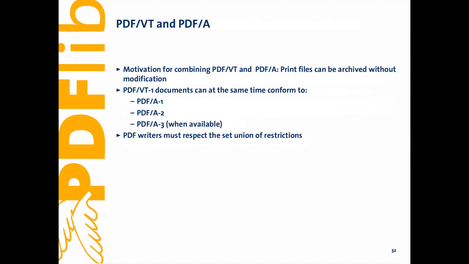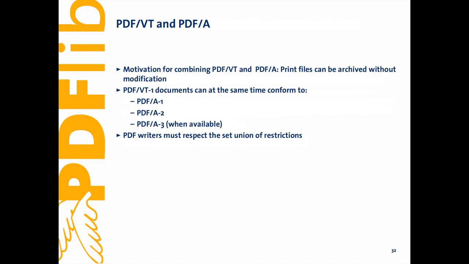PDF/VT and PDF/A: you can create PDF/VT files that at the same time conform to PDF/A. The motivation is obviously that you can archive those files without having to go through another step. This applies only to PDF/VT-1 because PDF/VT-2 has those external references which are totally forbidden in PDF/A at all levels. And PDF/VT-1 can conform to all present and upcoming PDF/A standards. What does this mean for the library user?